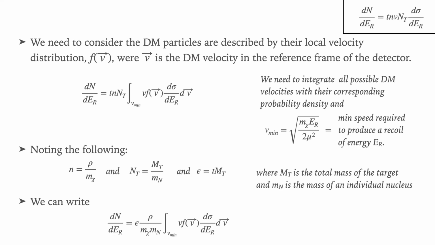Yes. Is there also a maximum velocity in this distribution? A maximum velocity. Okay, so the question is, is there a maximum velocity that the dark matter can have? We're going to talk a little more in a future slide about the simplified model for the dark matter distribution that we take when we do these calculations.